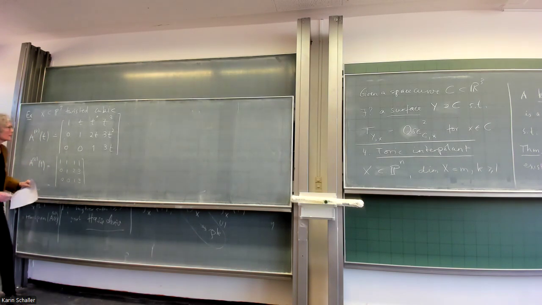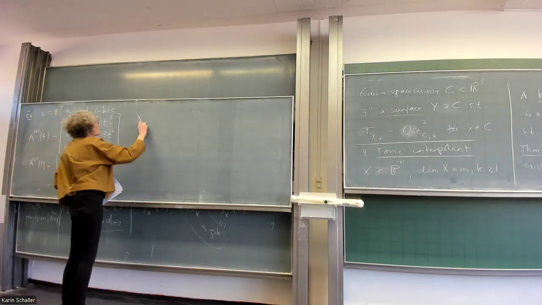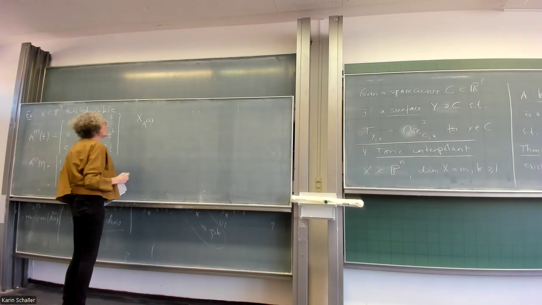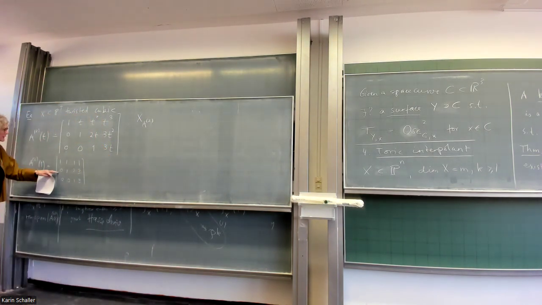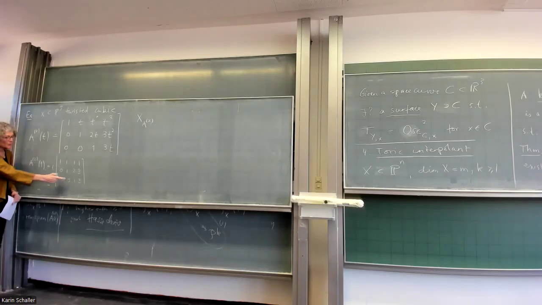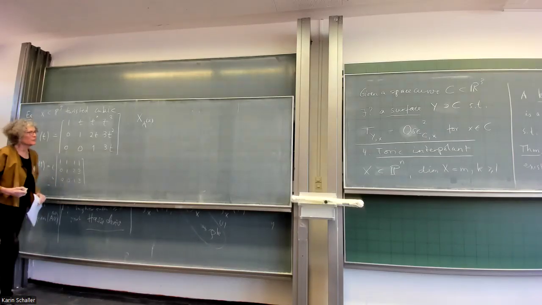So I can consider X_{A_2}. That's going to be the image of, I have to have a new variable. So let's introduce a new variable u for the third row.